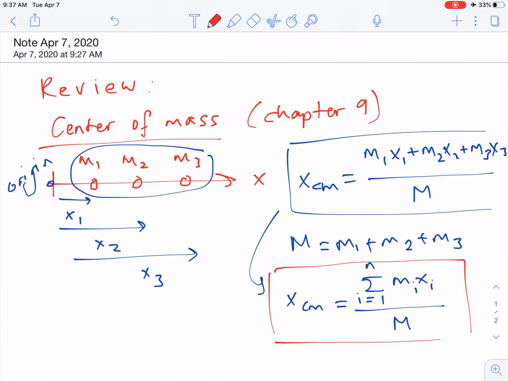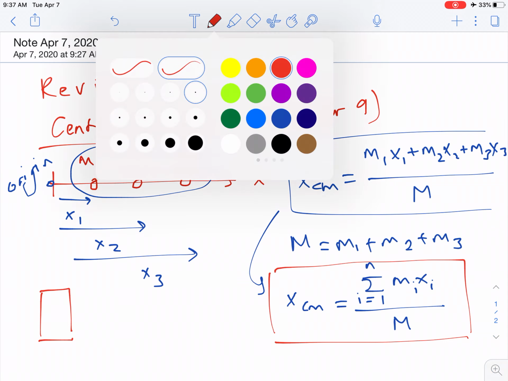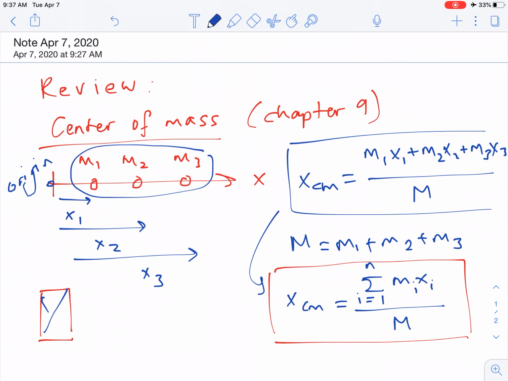If you have a mass distribution, but they're like point masses, okay, then we can use this. If they're not point masses and we know the geometry, so if you have a square or rectangle, let's say, then you can make this a point mass, because you know that this is a nice geometry and the center of mass is going to be at the center.